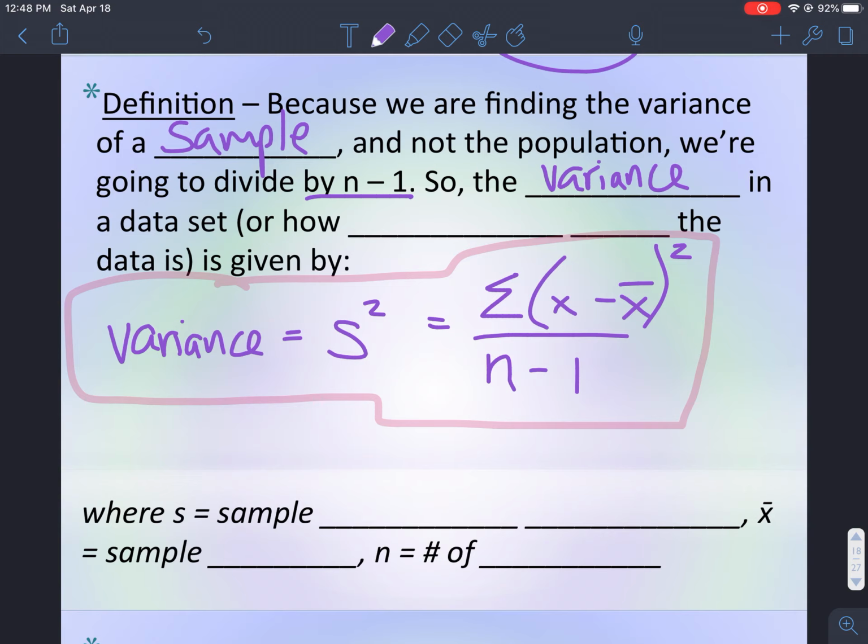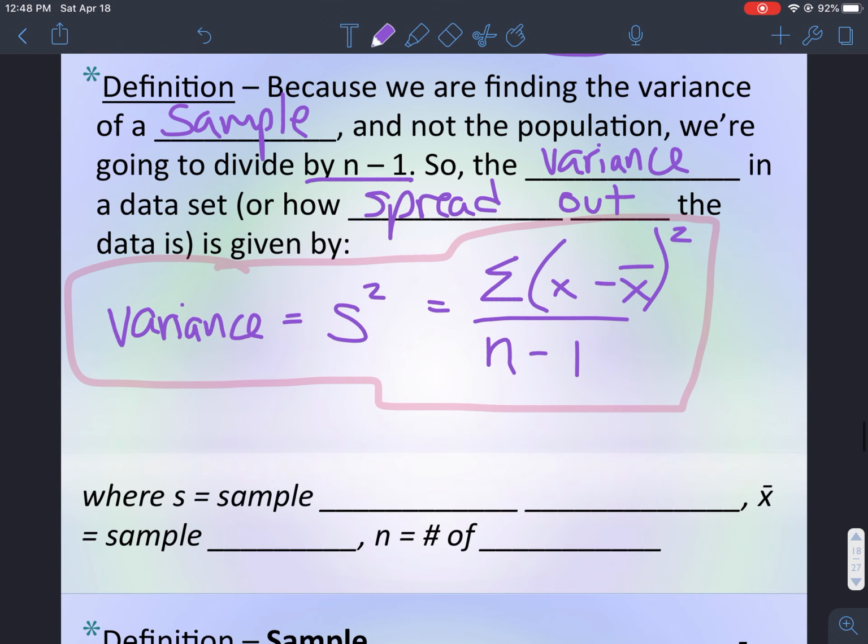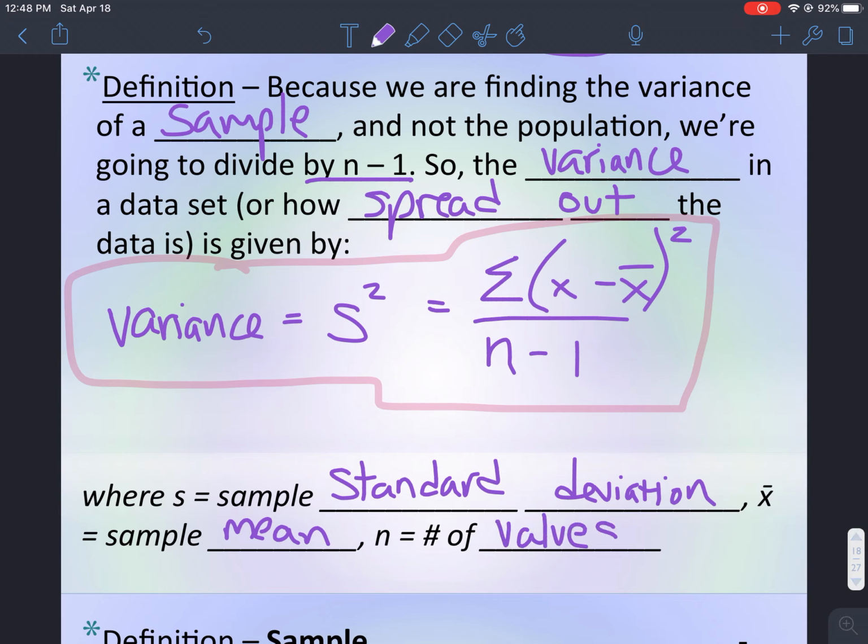The variance is s squared, and this is going to be how spread out a data set is, where s is going to be called the sample standard deviation. x bar is the sample mean, n is the number of values. So the variance is that whole thing, s squared.